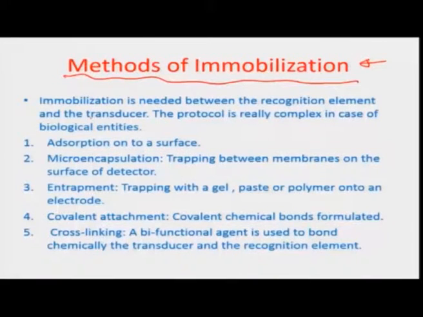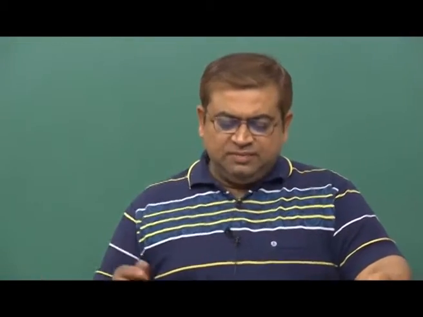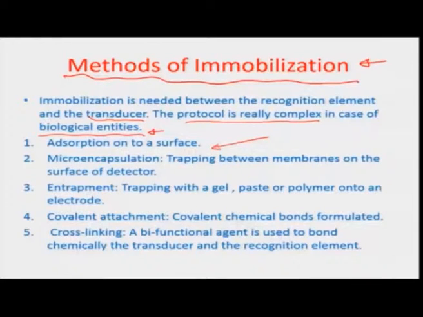Particularly when we are talking about a transducer surface which is able to monitor chemical, biochemical, biological or gaseous entities, the protocol becomes very complex, and some ways and means are established for this immobilization of the recognition element. One of them is adsorption to a surface.